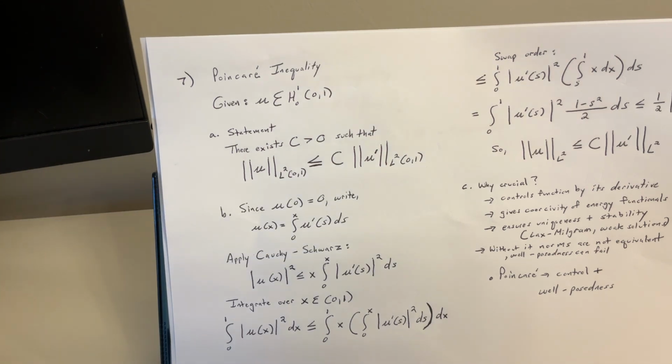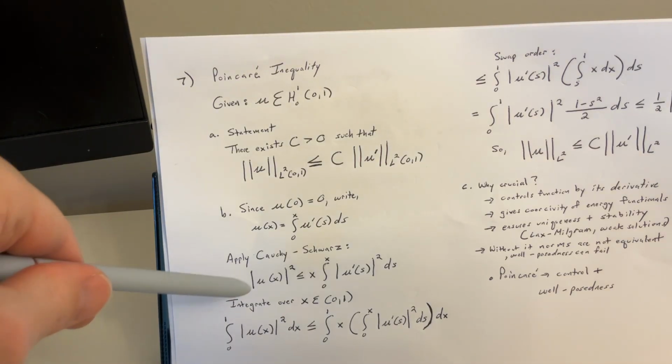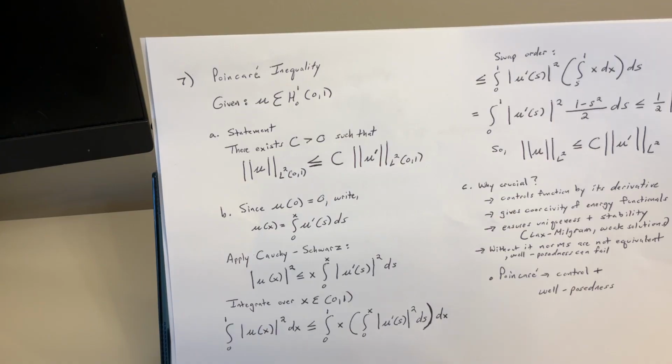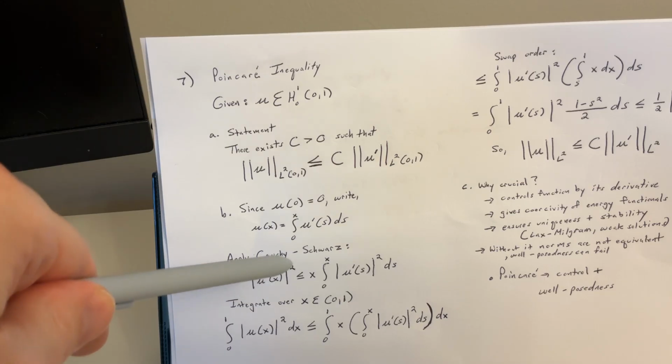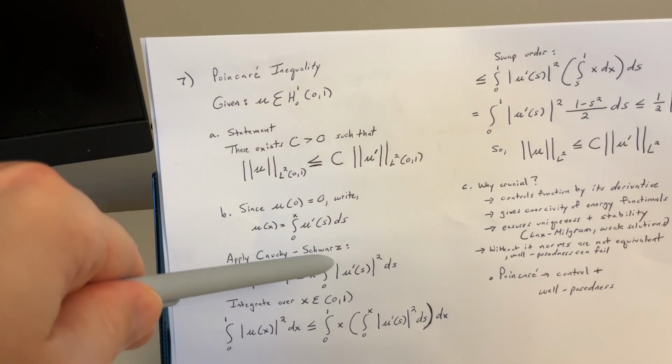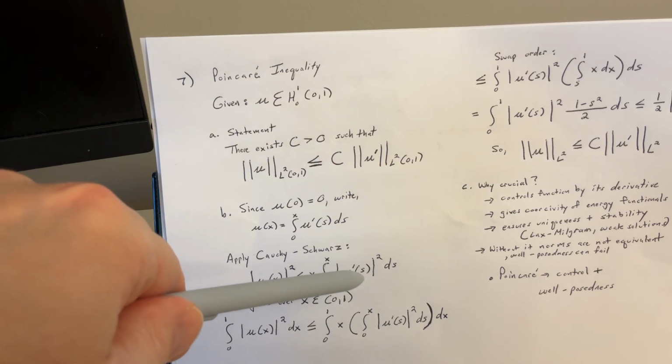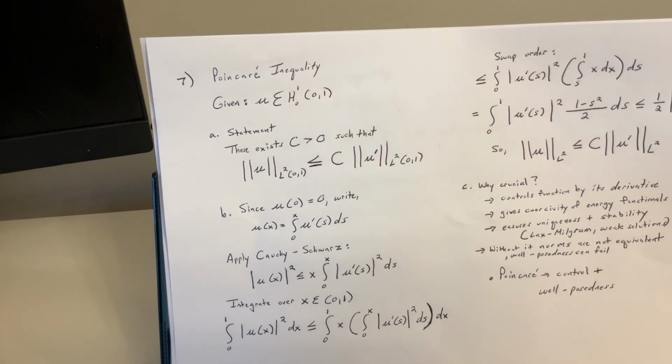And now for part B, and I don't know if you did this in your class or not, we want to apply Cauchy-Schwarz. So we apply Cauchy-Schwarz. The absolute value of this squared is less than or equal to x times the integral from 0 to x of the absolute value of the derivative squared ds.